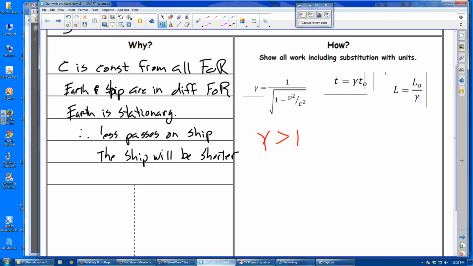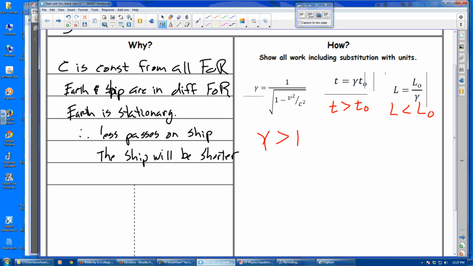Something to keep in the back of your mind. Therefore, we know that t is always greater than t naught, because if you take a number and multiply it by something greater than 1, you get a bigger number. On the flip side, if I take a number and divide it by a number greater than 1, I always get a smaller number. So L is always less than L naught.